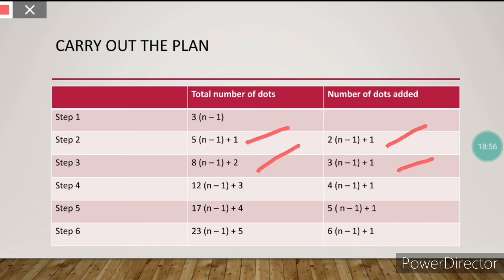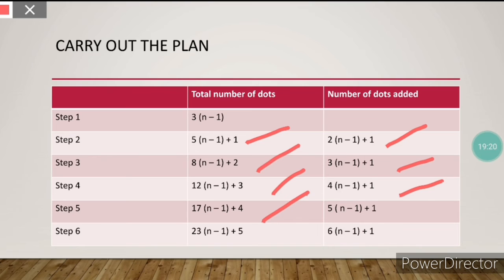In step 4, the total number of dots can be solved using the formula 12(n − 1) + 3. And the total number of dots added is equal to 4(n − 1) + 1. In step 5, the total number of dots can be solved using the formula 17(n − 1) + 4.